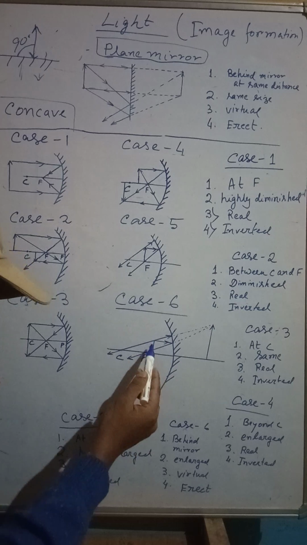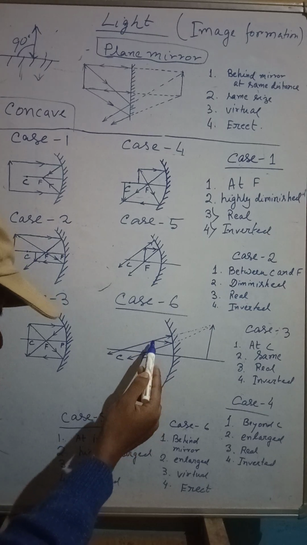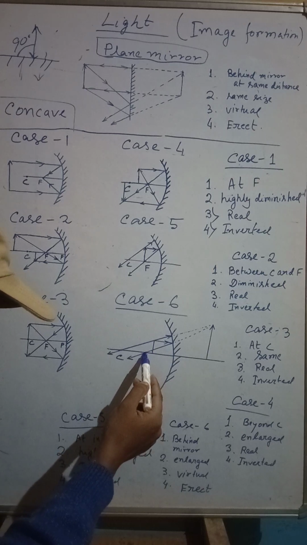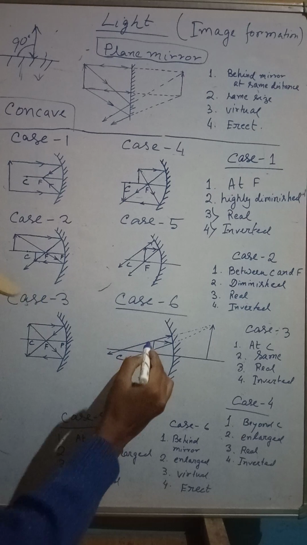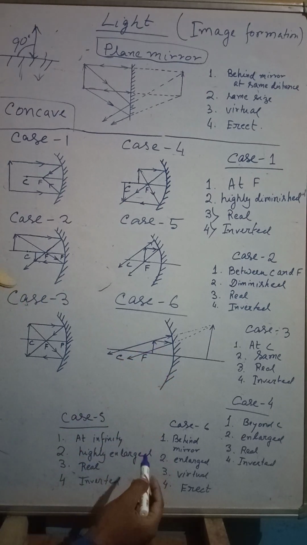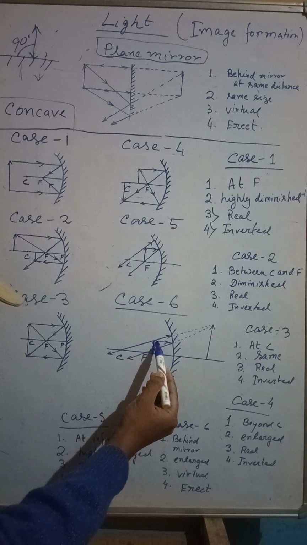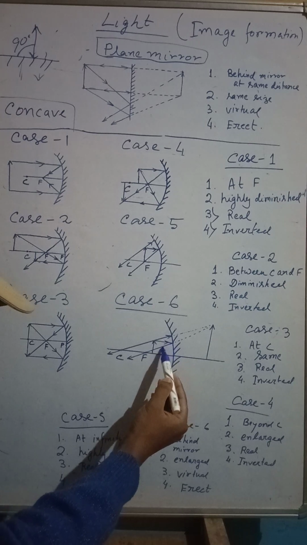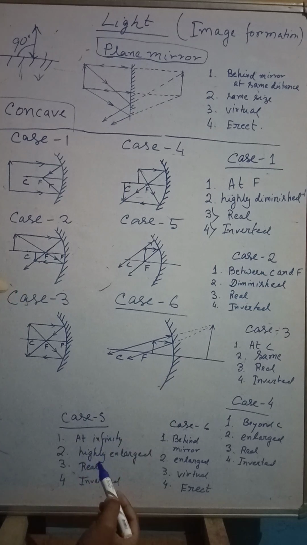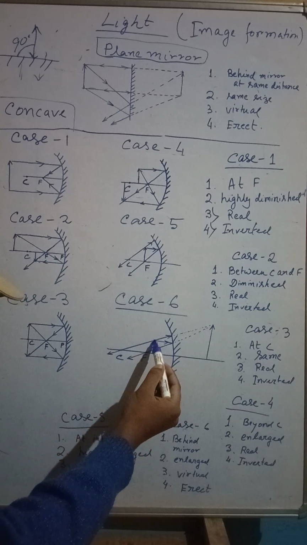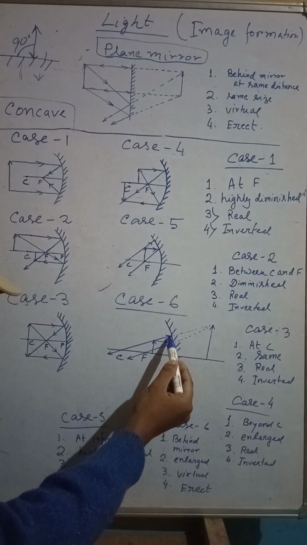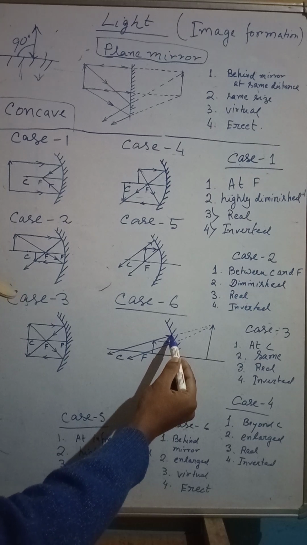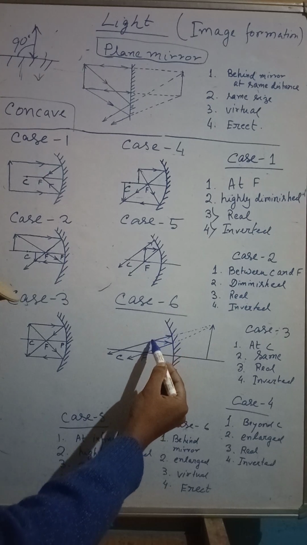here the object is present within F, that is, this is point F, and the object is within F. Initially one incident ray goes parallel to the principal axis, and after reflection the reflected ray goes through the point F. Similarly, one incident ray falls on the mirror with an angle of incidence of 0 degrees. So the angle of reflection will also be 0 degrees, and the reflected ray will follow the same path in the opposite direction.